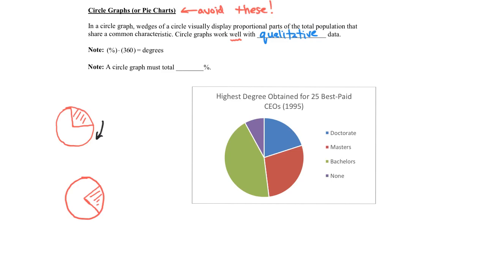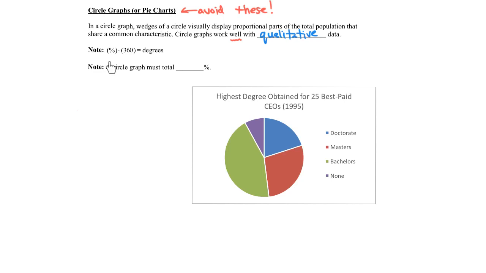Now, to draw one of these by hand is an absolute nightmare because you have to go through, well, I'll show you. We'll pretend we were going to draw one of these by hand. I'm not going to ever ask you to, but if we had to draw one by hand, we have to go through a little bit of math here.